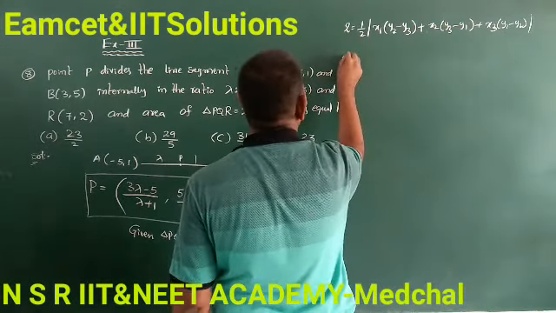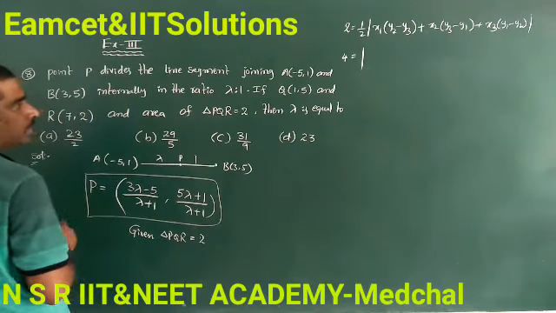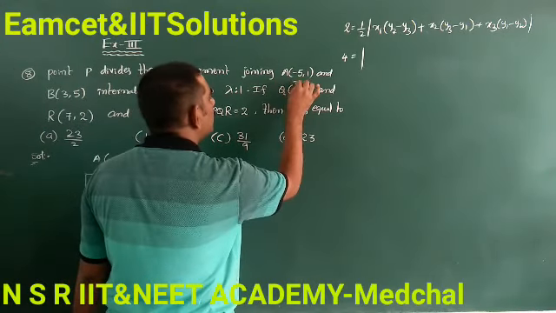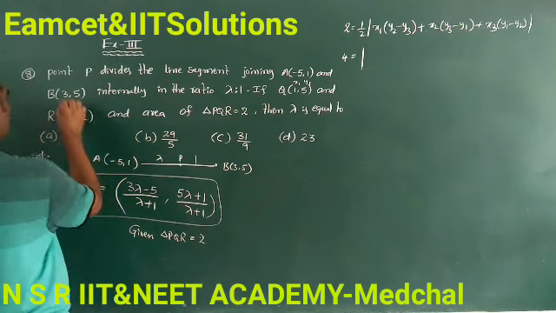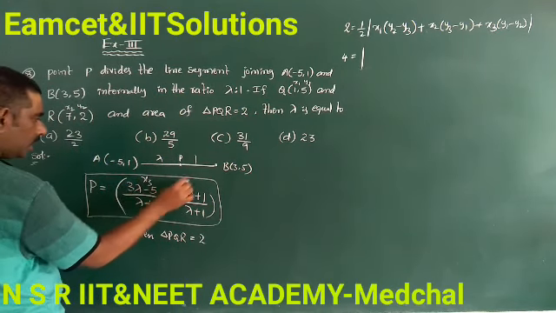So 2 twos are 4 equal to the determinant with rows x1 y1, x2 y2, x3 y3.